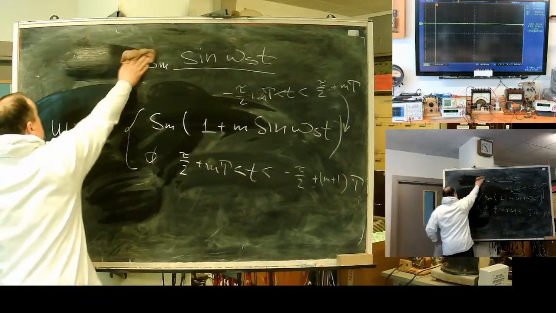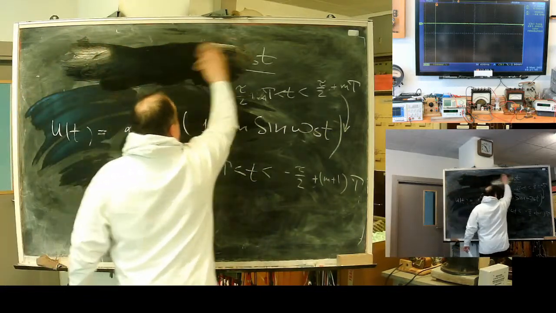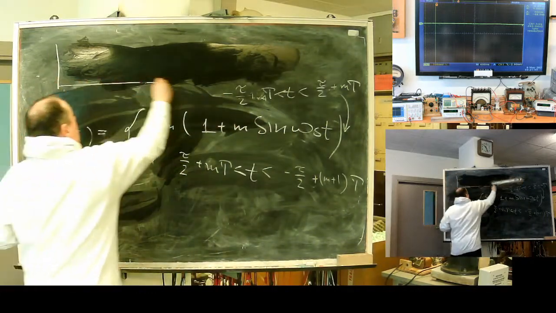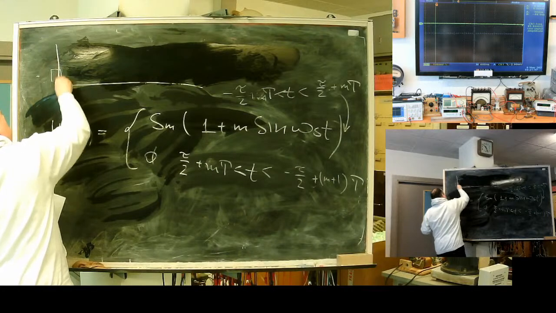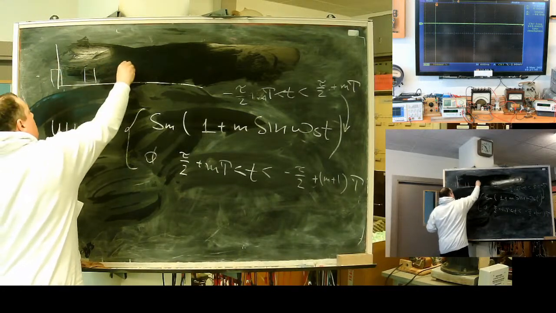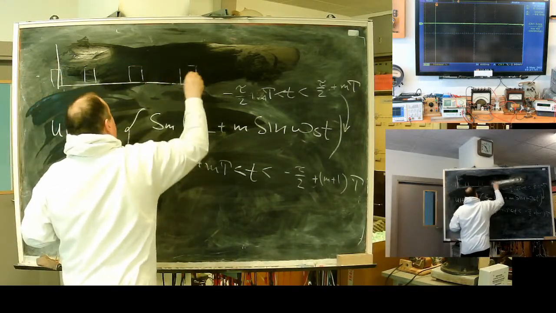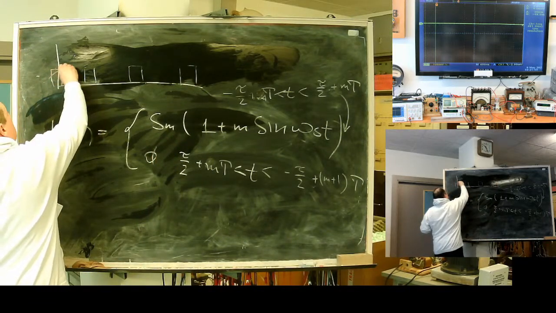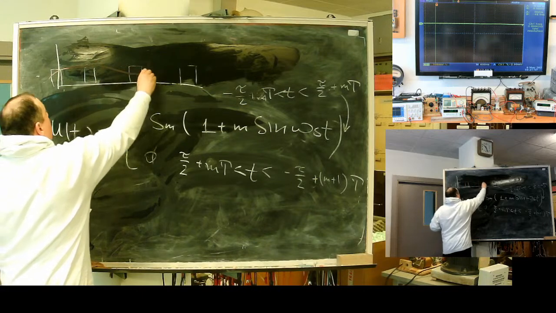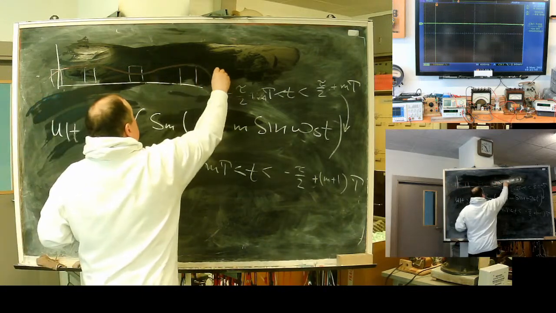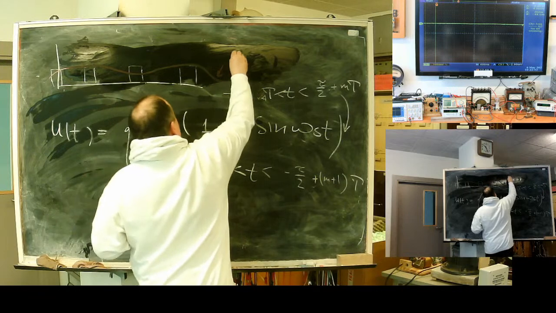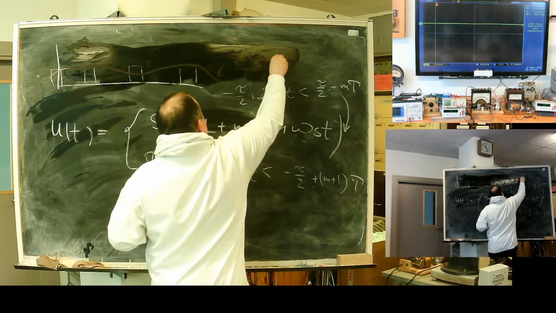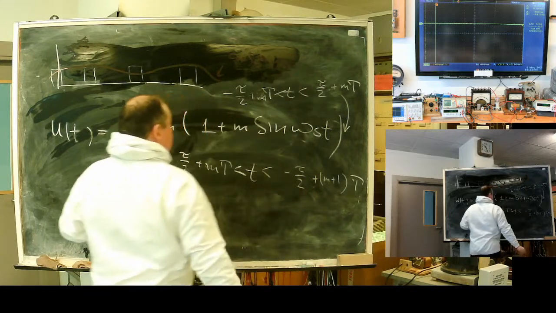I can draw it like this. This is the original pulse sequence, and it will be this one, sine omega s t.